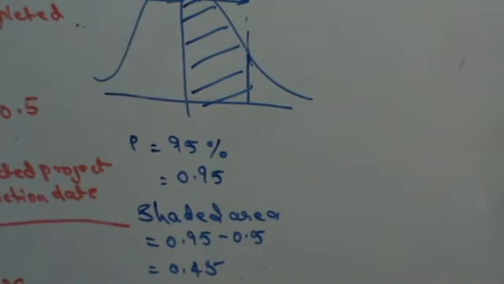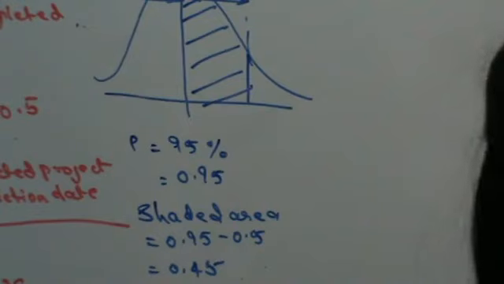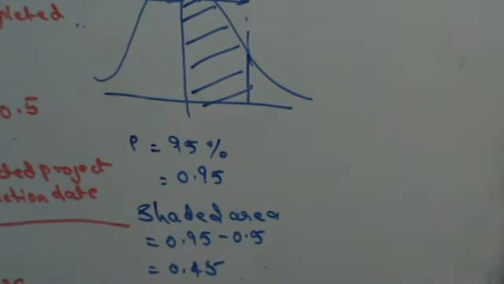Now, let's look at the probability table and find out the value closest to 0.45. The closest value I can get is 0.4505. Please look at your normal probability table. The closest value that I can get to 0.45 is 0.4505.